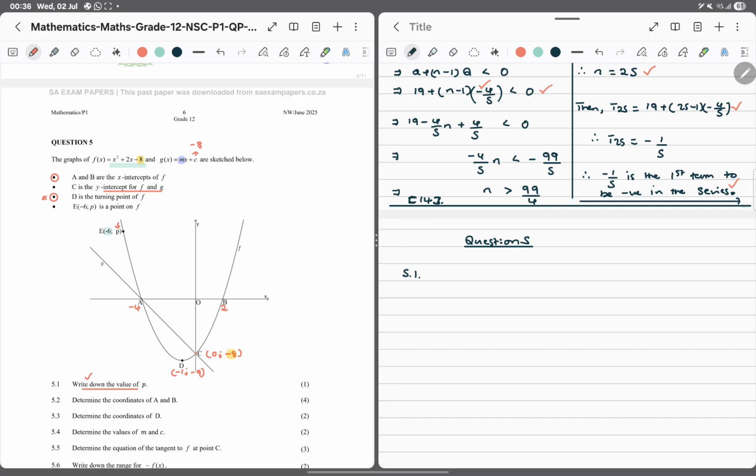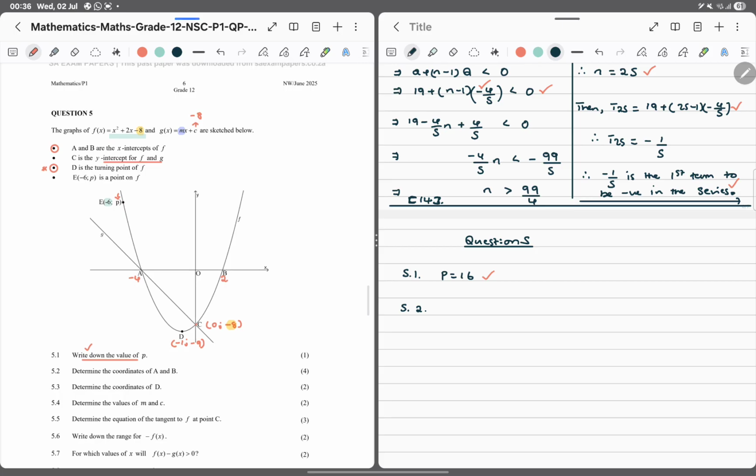So we've got minus 6 squared plus 2 into minus 6, then minus 8. So we get 16. So we'll just write P is 16. Okay. Nice and easy. So the examiners are trying to just break the ice because, yeah, with this parabola, it's usually stones, sticks and stones, boys and girls.